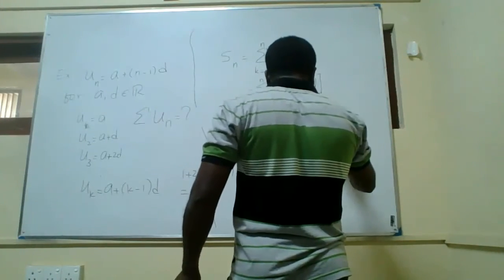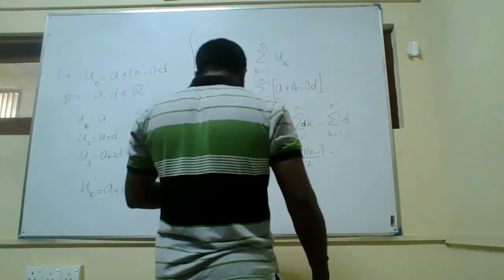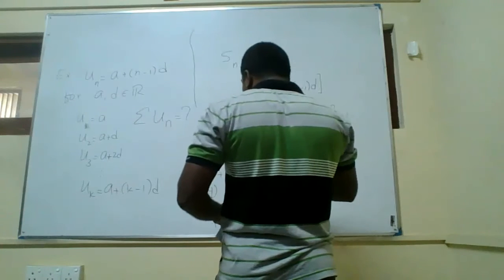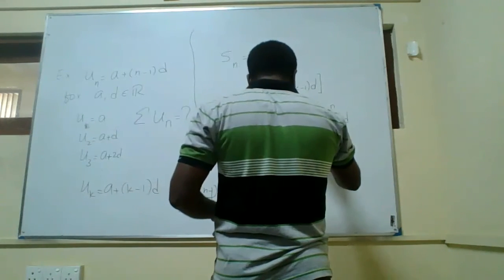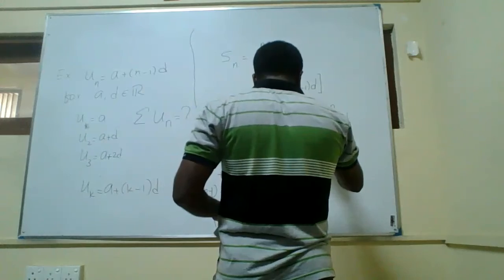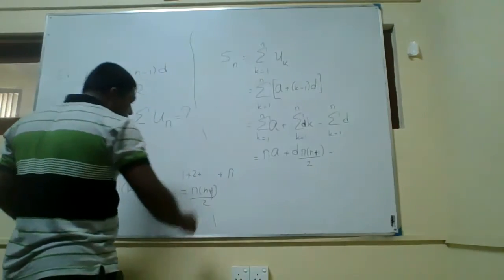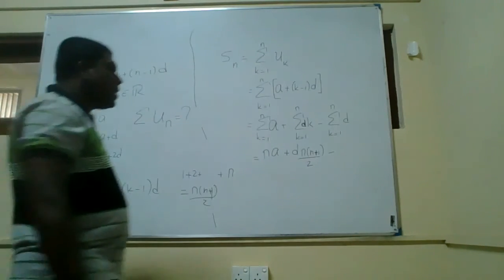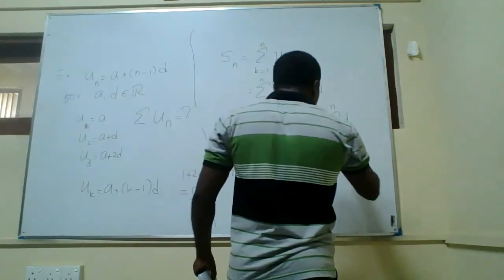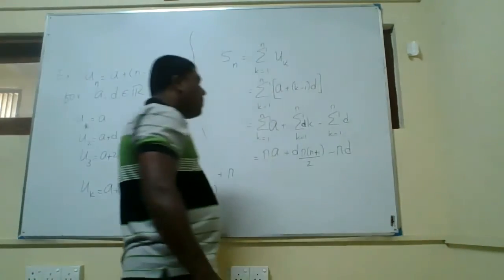Sorry, this is n times (n plus 1) over 2. So 1 plus 2 plus 3 up to n is n times (n plus 1) over 2. Then the summation of d is n times d.